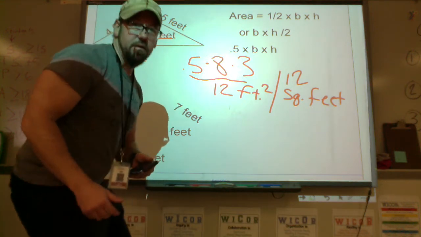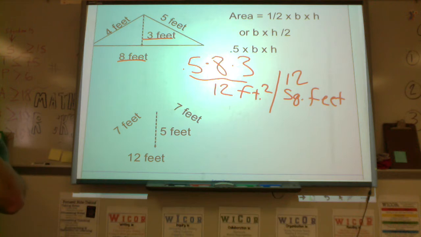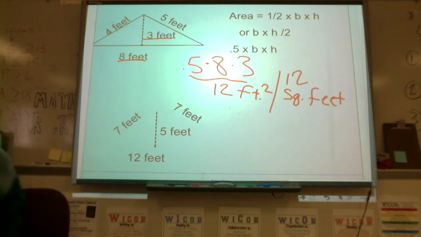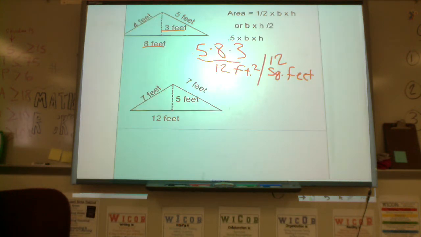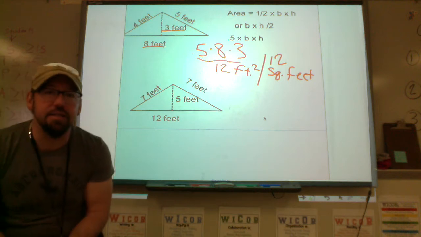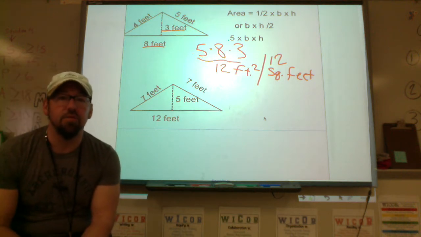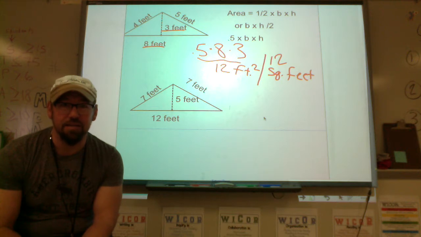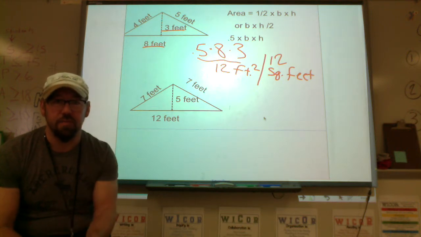Okay? If you can see, oh, the next one, well, that's interesting. Try the next one and see if you can identify which one is the base. I hope you all see what the height is. The height is, again, the dotted line going straight up and down.